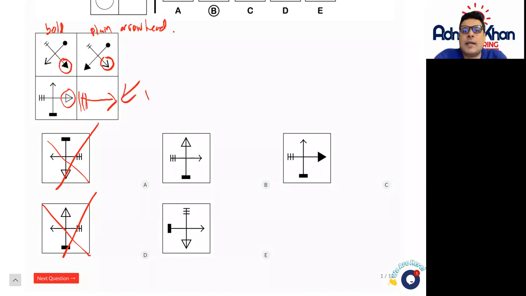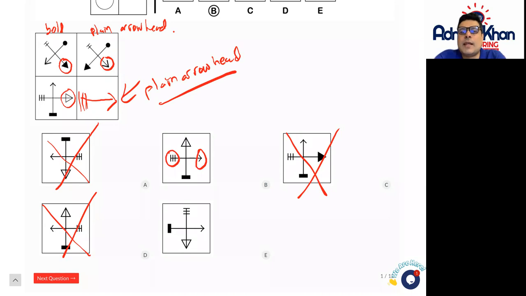So this has to be a plain arrowhead. All right. So that rules this out. So let's cross this out. That means there's only 2 left. So we need a plain arrowhead and we need 3 lines here at the end. That means it rules out option E as well.